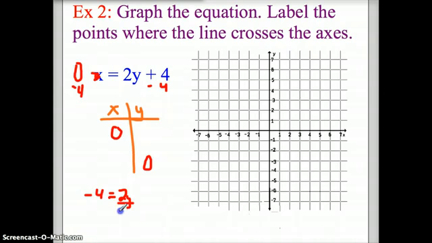Divide both sides by 2, and y equals negative 2. So I'm going to go ahead and graph that ordered pair for the y-intercept, (0, negative 2).